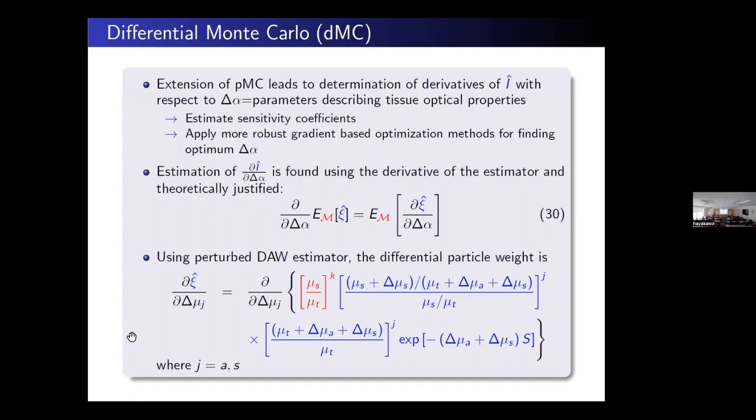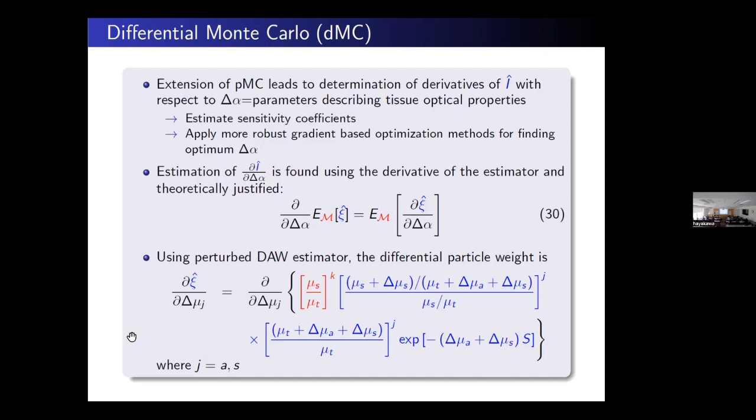So now that we have PMC, an extension means that we can get differential Monte Carlo. This is great because then we can get sensitivity coefficients. We can apply more robust gradient-based optimization methods for solving inverse problems. How you form that is, if you take the derivative of the estimator and evaluate it with respect to the measure, it's the same as the derivative of the estimator.